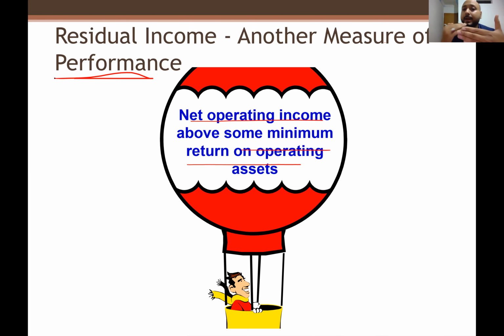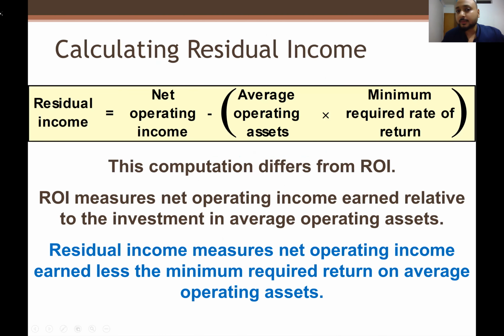So net operating income above some minimum requirement. Its formula is net operating income minus some minimum required rate of return on average operating assets.